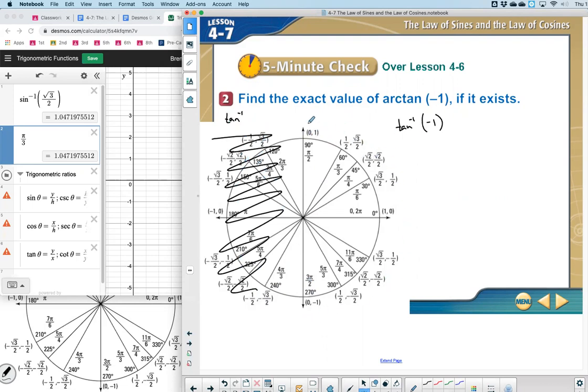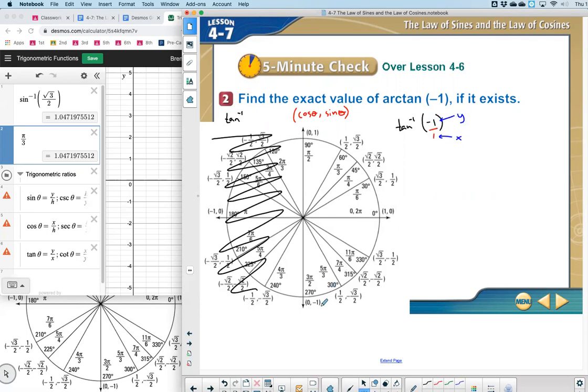Well, these values are given in the form of x comma y, which is the same as cosine comma sine on the unit circle. It says I'm looking for tangent. So I'm looking for a y value that represents -1 and an x value that represents 1. There's a couple of places that are of curiosity.